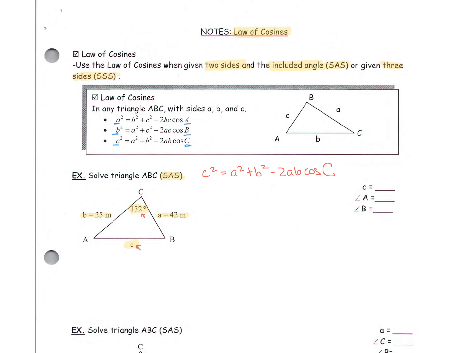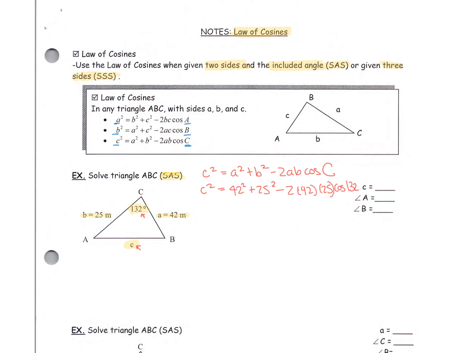So let's start substituting everything in. c squared equals 42 squared plus 25 squared minus 2 times 42 times 25 times cosine of 132.